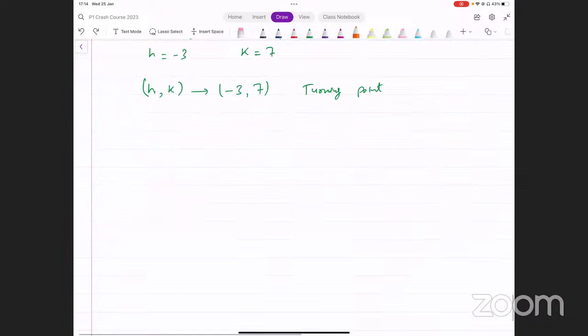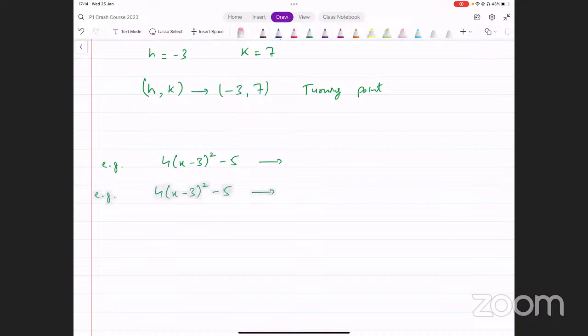Now, let me write down some examples on this. So for instance, if you had something like 4 into x minus 3 whole squared minus, let's say, minus 5, what would be the turning point of this function?